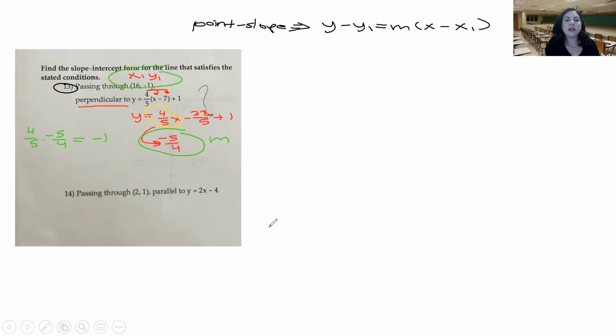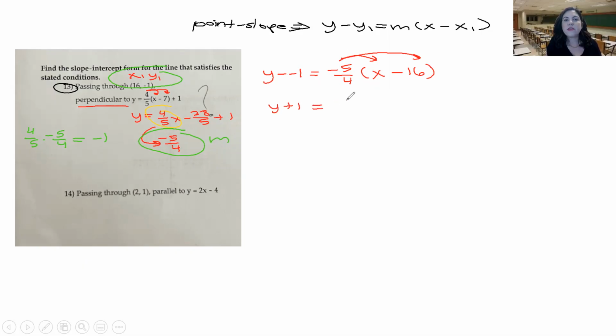And so now I can put that into my point slope formula. So it's y minus the y value, which is negative 1, equals my new perpendicular slope, negative 5/4, times x minus the x coordinate of my point, 16. And so this simplifies. I can distribute that y minus negative 1, that's going to be y plus 1.